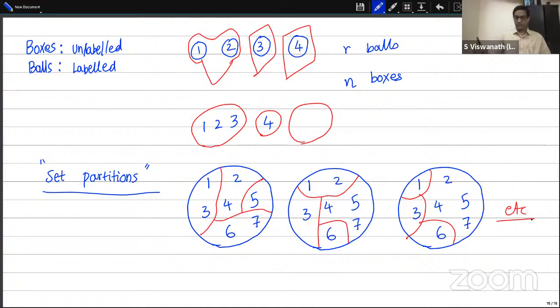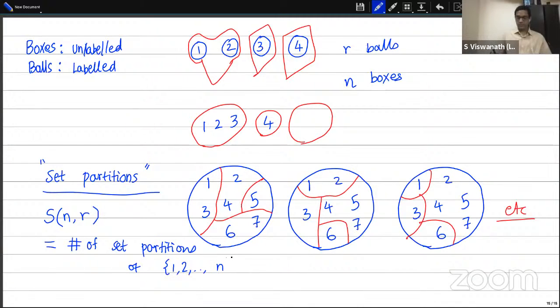And the number of ways of doing this, we have a name for it. Let's denote it like this: S(n, r). This is the number of set partitions of the set 1 to n into r non-empty subsets.